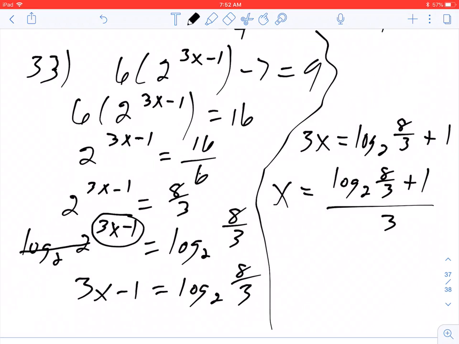Now, give me 1 second to type this into my calculator. You're going to take parentheses, then you're going to do log of 8 divided by 3. And then that log gets divided by log of 2.